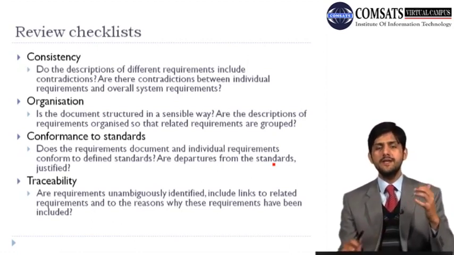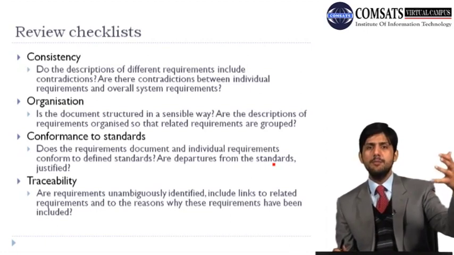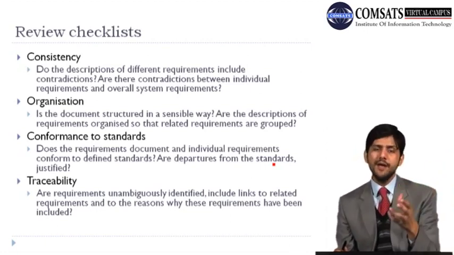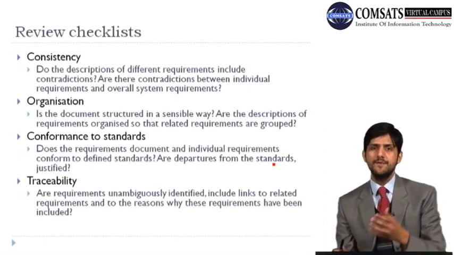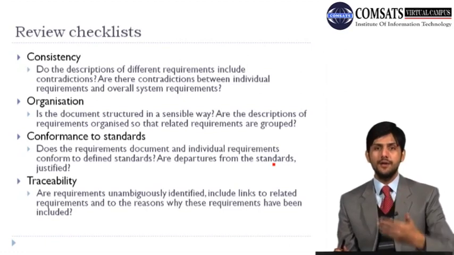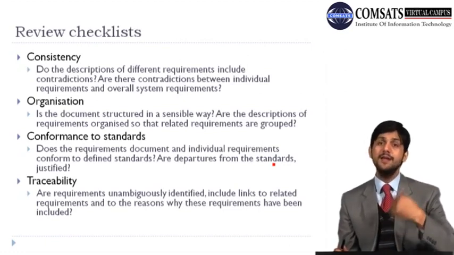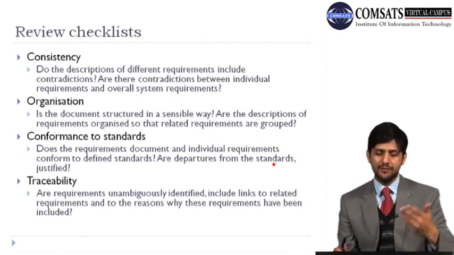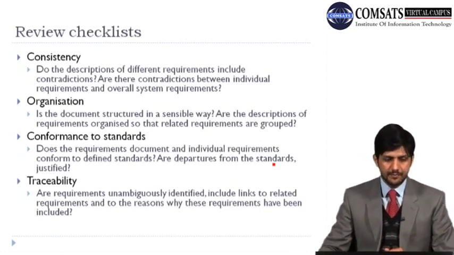For example, if a requirement is dependent on another requirement which is already mentioned, we were mentioning that. We were also listing the rationale for including this particular requirement. All these things increase the understanding of the document, and make it easy for people reviewing this document to properly validate your software requirement specification document.